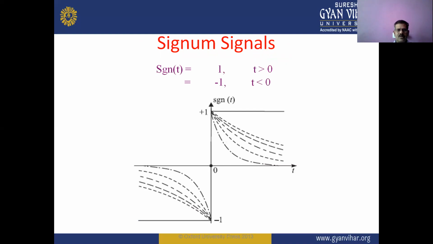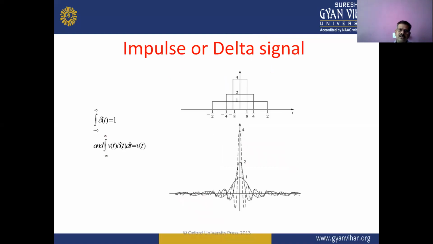And this is also an example of a signal: the signum signal, s(t) equal to 1 if t is greater than 0 and equal to -1 if t is less than 0. So these are the signals.